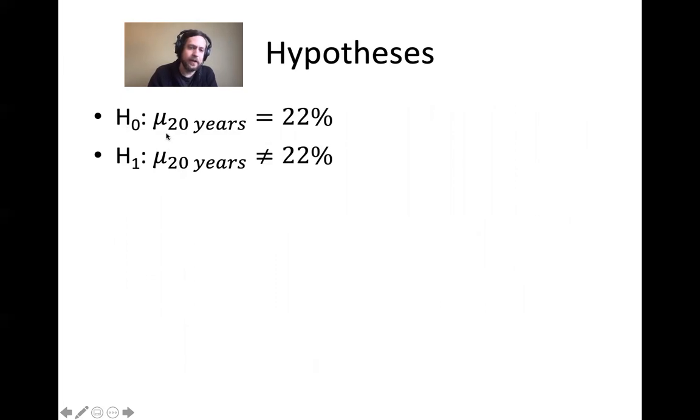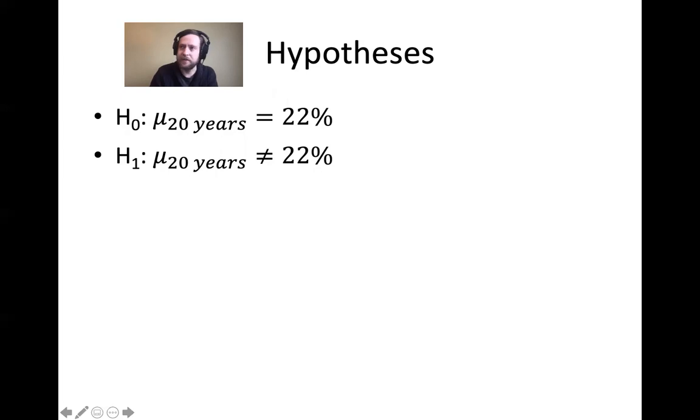The null is that the mean percentage of women in male-dominated careers for that 20 years since the 1990s is equal to the population mean, 22%. Basically, this is saying that in the last 20 years, the amount of women in male-dominated careers is the same and has not changed since that original population number that was taken in the 1990s, 22%.